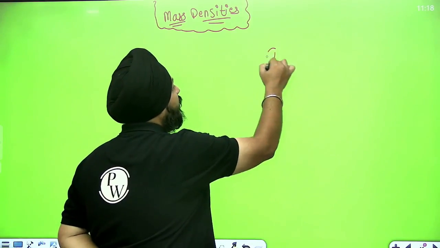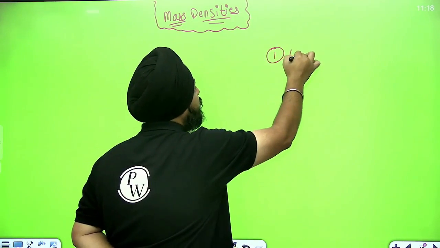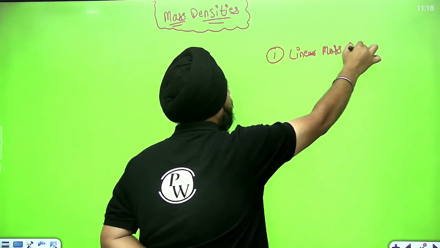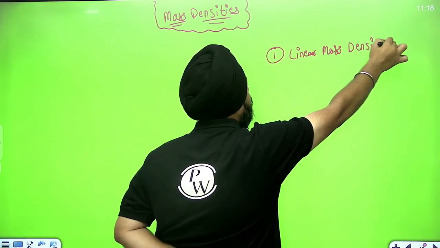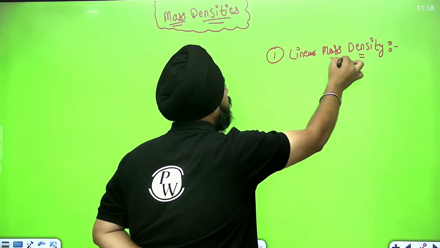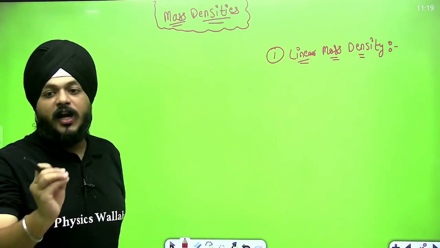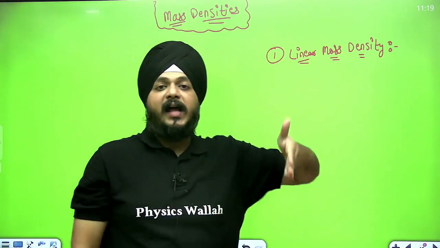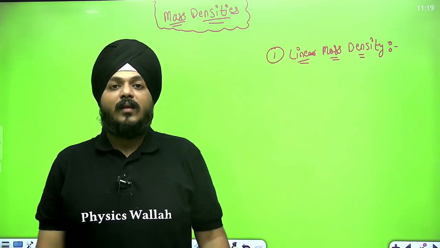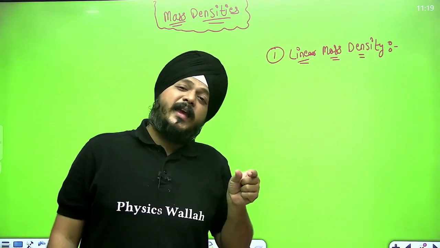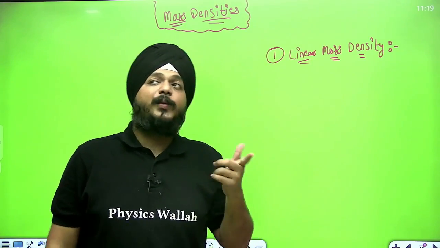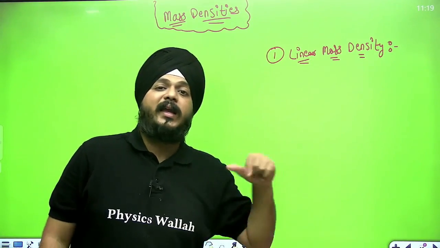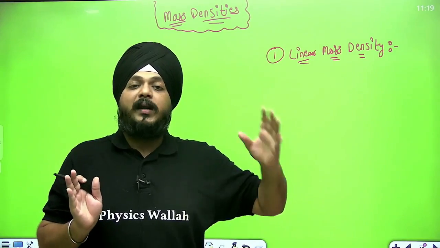Basically, we are going to deal with three types of mass density. The first one is the linear mass density. The general idea is how mass is distributed over the entire length. If on 1 meter there is 1 kg, on the next 1 meter 1 kg, on the third 1 meter 1 kg, on the fourth 1 meter 1 kg, combining length 4 meter, mass 4 kg.